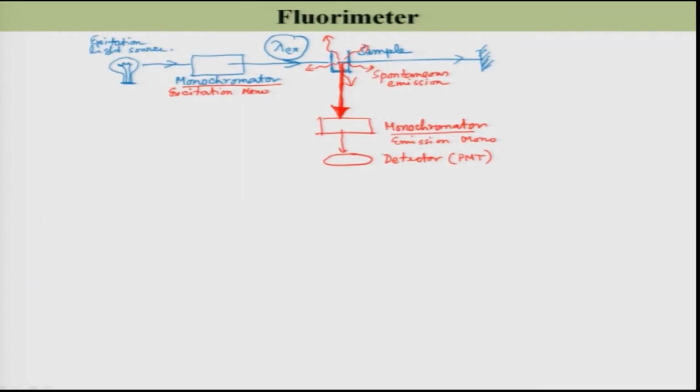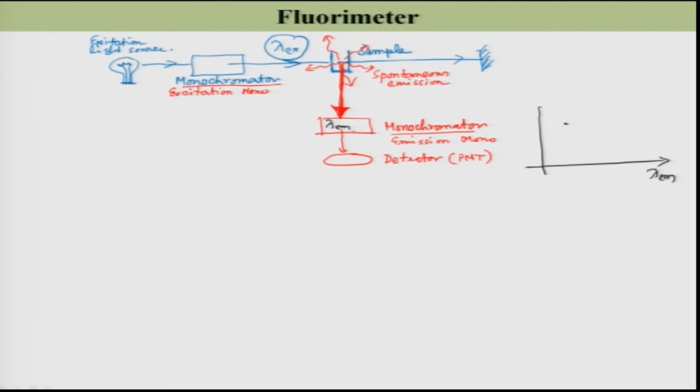So, I will make a plot over here, like this, lambda emission. Whatever lambda emission you choose will be selected over here. Say lambda emission is 511 nanometer, then you will measure the intensity at 511 nanometer.